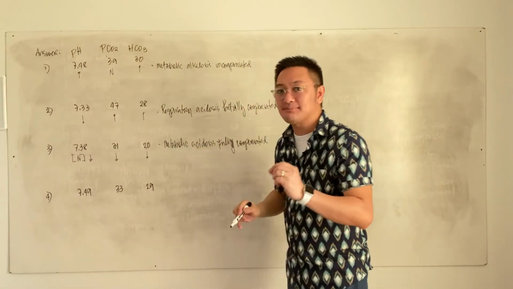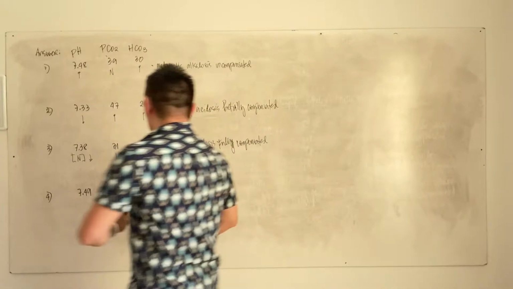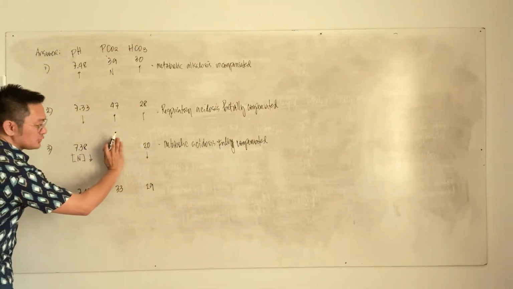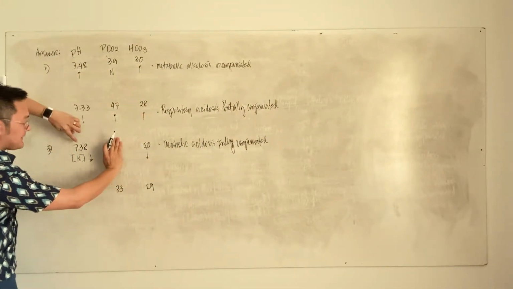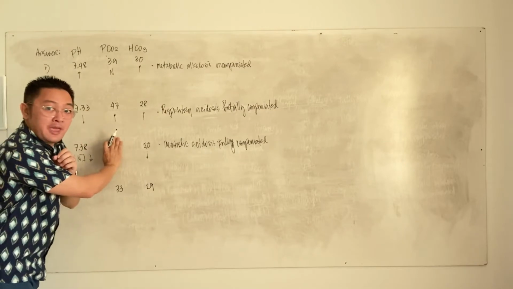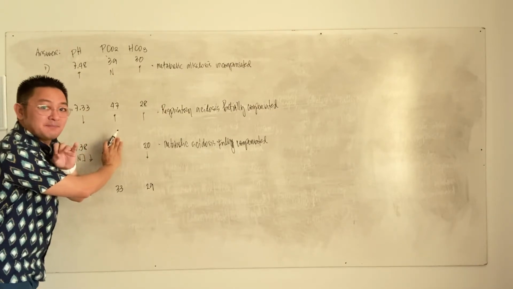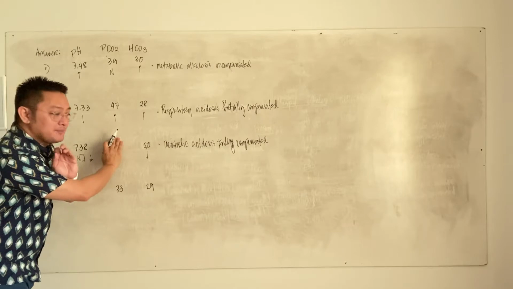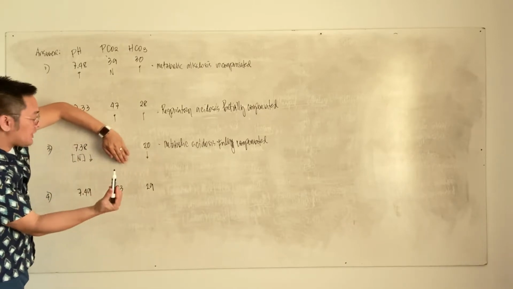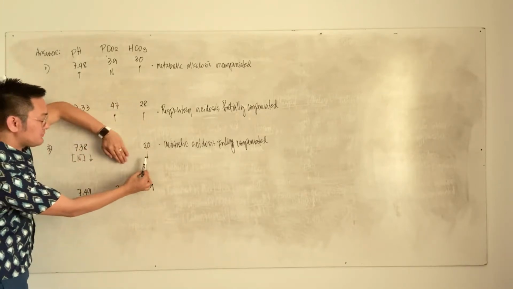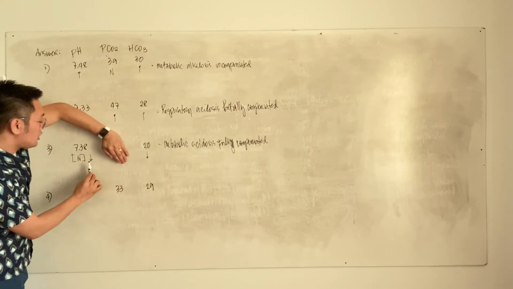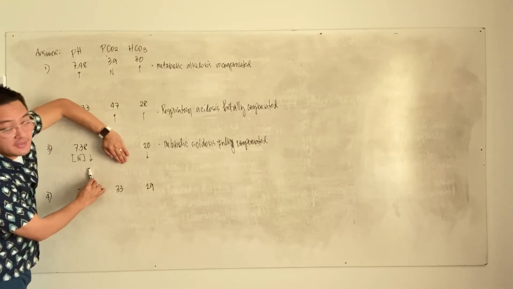Now, why is it metabolic acidosis? Remember, if you're going to cover your PCO2 and you check bicarb and the pH, remember your mnemonic, ROME: respiratory opposite, metabolic equal, hydrogen opposite. Okay, if it is metabolic, the pH and the bicarb should be equal. Are they equal? Yes. Lower than the mean.